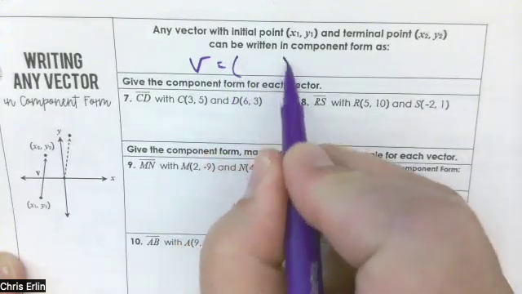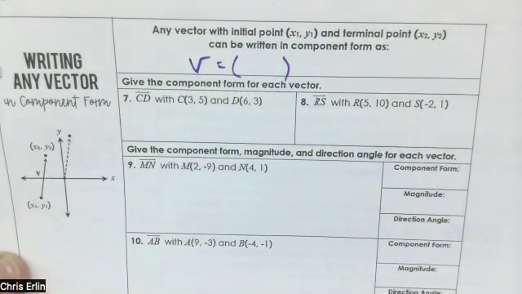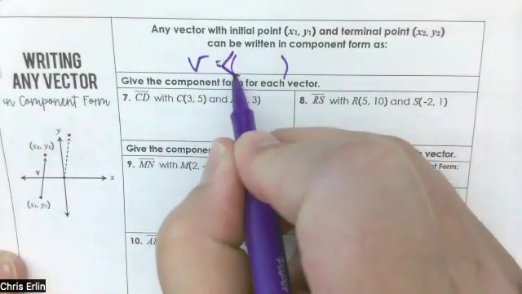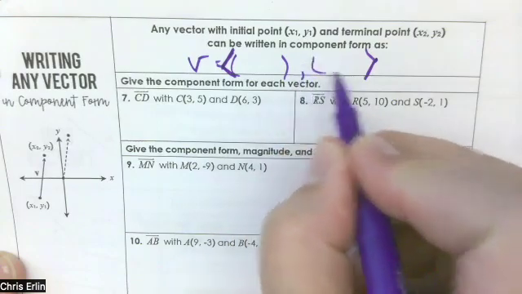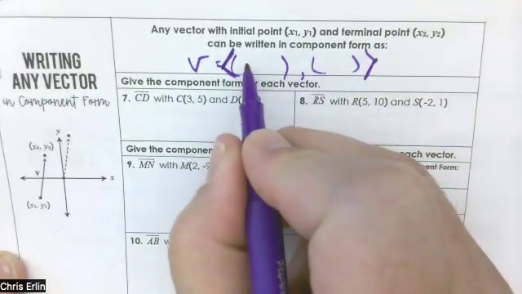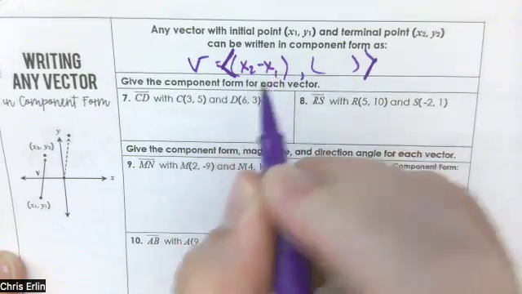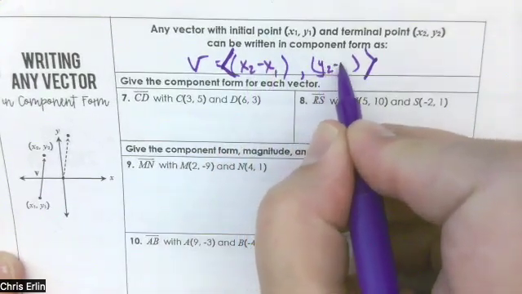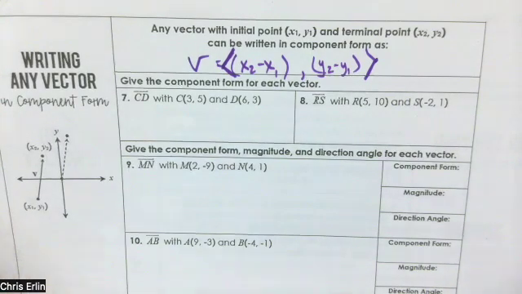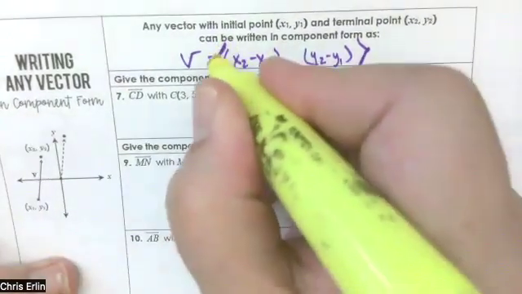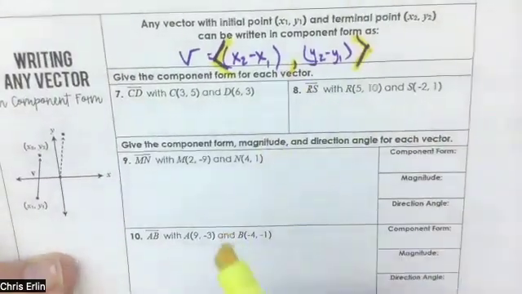Any guesses? It's going to have to be written with those pointy brackets, but the x value and the y value are going to come about as a result of x2 minus x1 for the x value and y2 minus y1 for the y value. But in the grand scheme of things, the coordinate is going to have those and a comma.